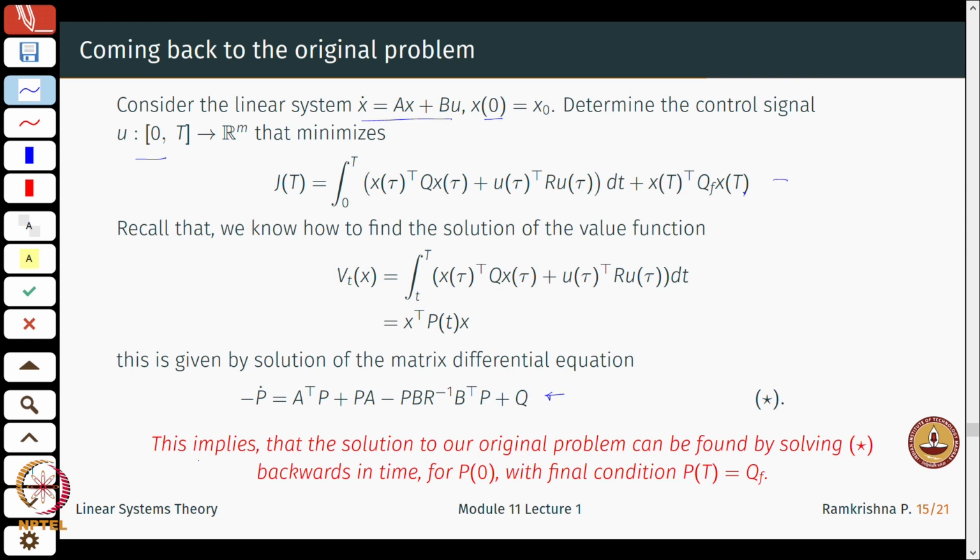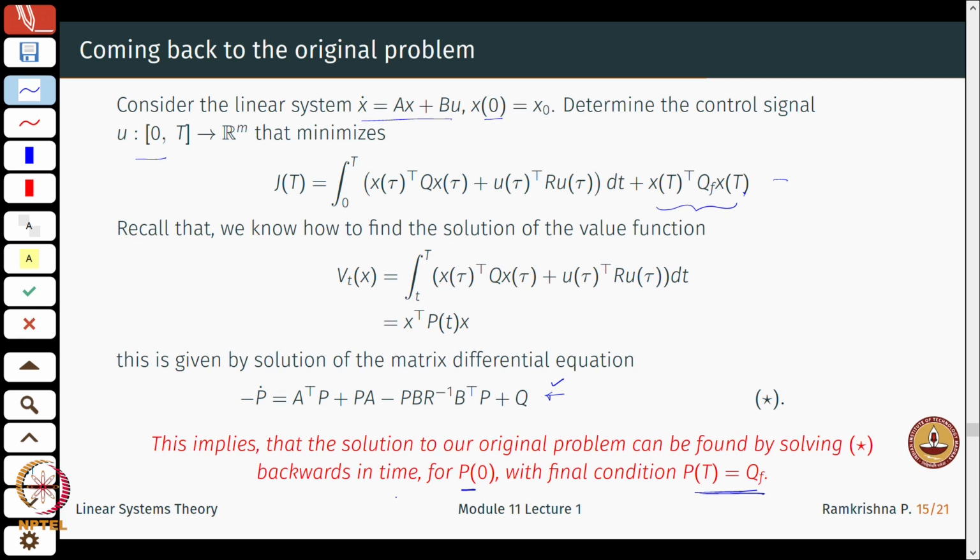This implies that the solution to the original problem can be found by solving this equation backwards in time for P(0) with final condition P(T) equal to Q_f. So, I can look at what my terminal cost looks like. I know P(T) is Q_f, and I can actually solve for it backwards in time.